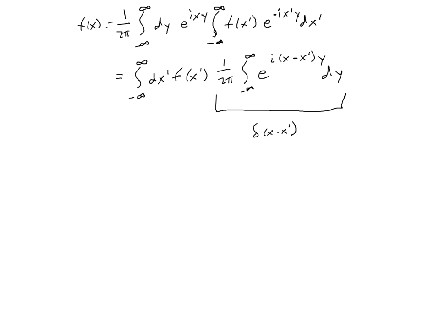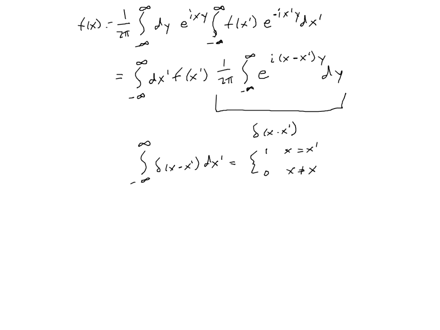And so this delta function, basically, if we integrate the delta function from minus infinity to infinity, then what happens is you either get 1 or 0. You get 1 if x is equal to x prime.